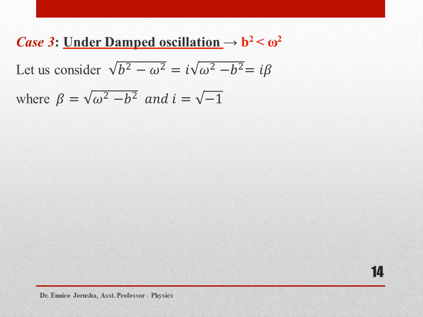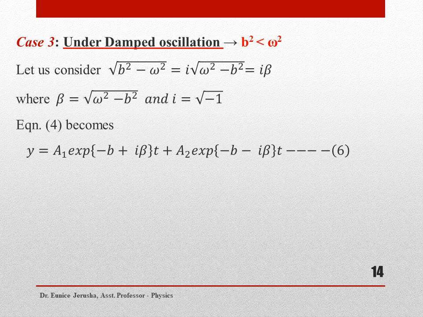On substitution of this in equation 4, we have the displacement y to be a1 exponential minus b plus i beta t plus a2 exponential minus b minus i beta into t. This we call equation 6.